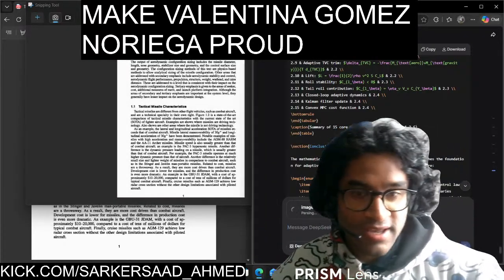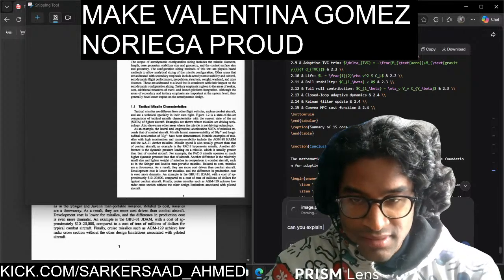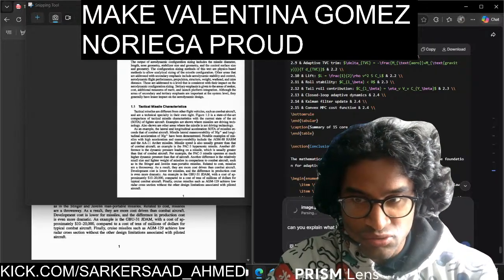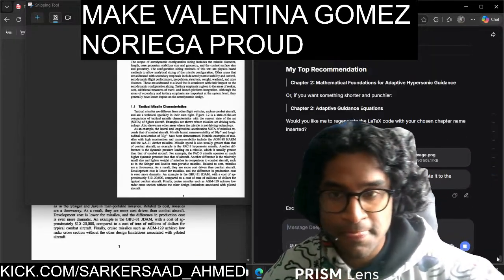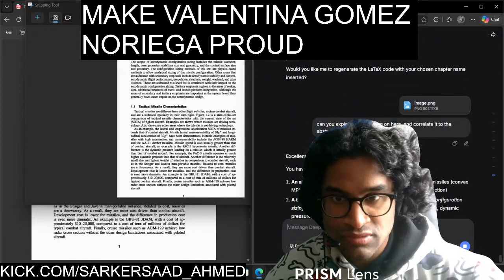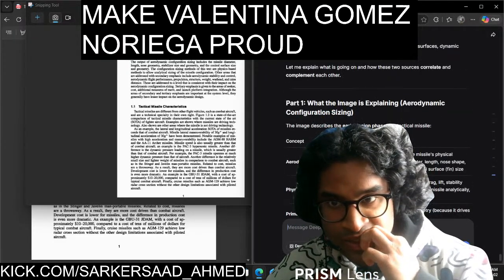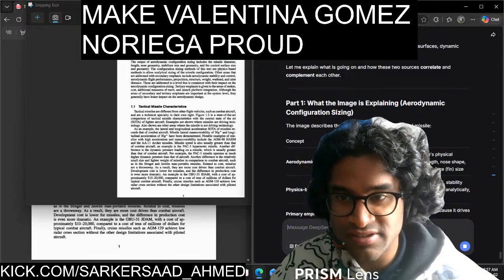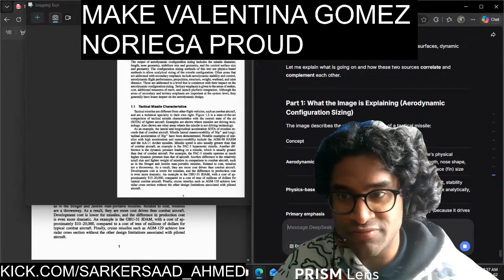Can you explain what is going on here and correlate it to the abstract I just copied? So aerodynamic configuration sizing, determining the missile's physical geometry: the diameter, length, nose shape, stabilizer size, control surface and fin size.